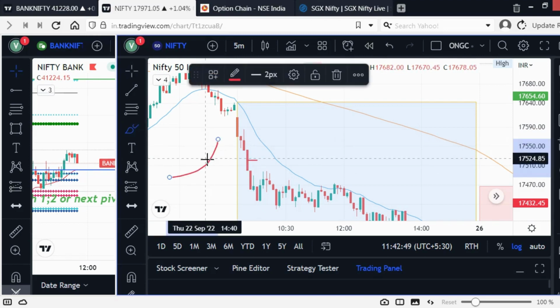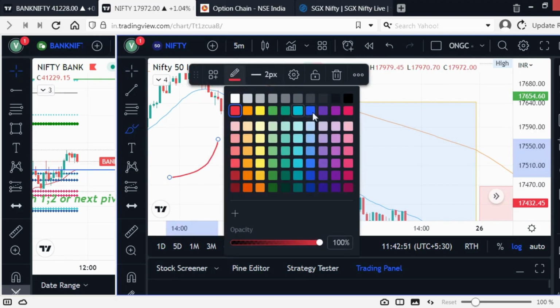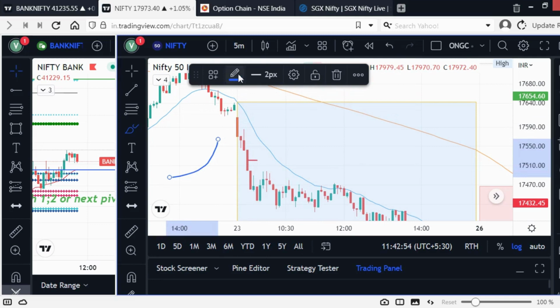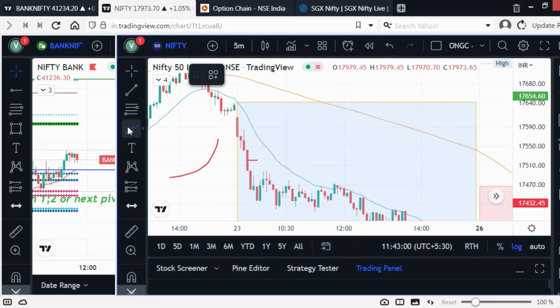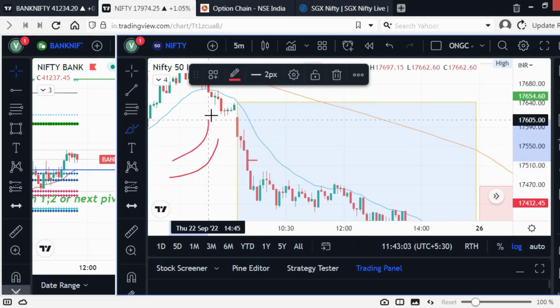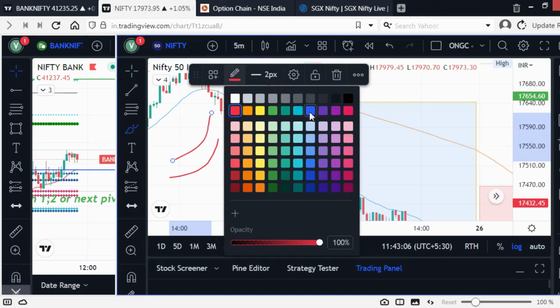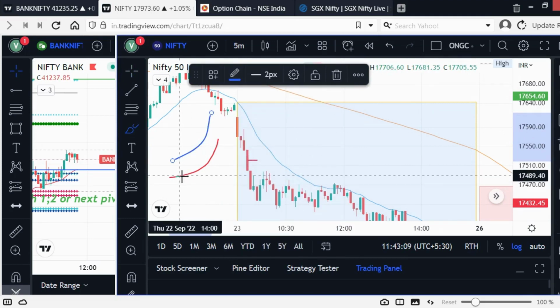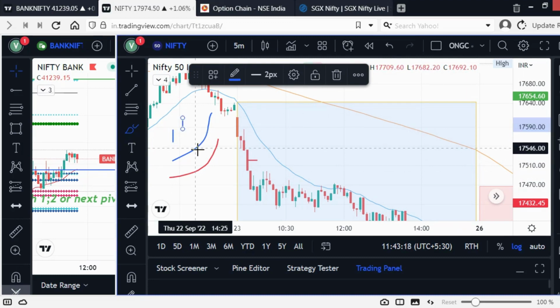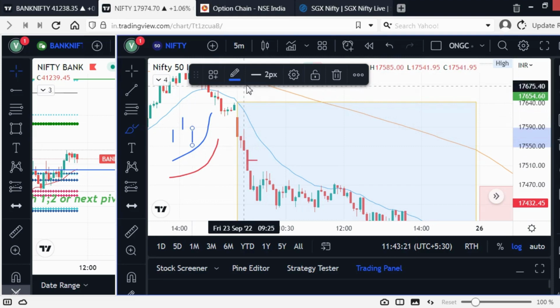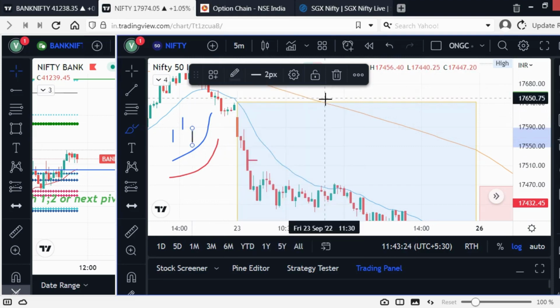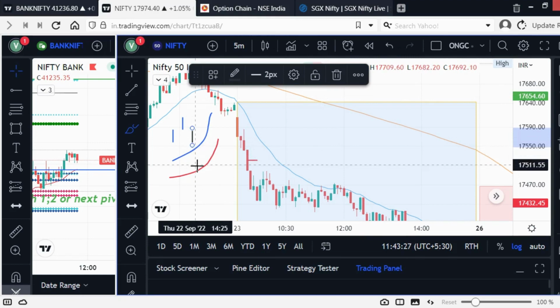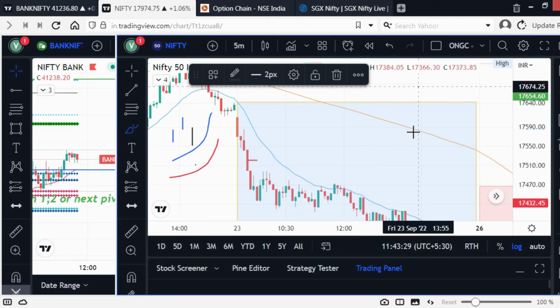This is the 200 EMA, and this is the 20 EMA, and the price stays above it like this, or some price came and got rejected like this. So you can safely assume that the market is in uptrend. This is in uptrend, and if you see here, this is in downtrend.